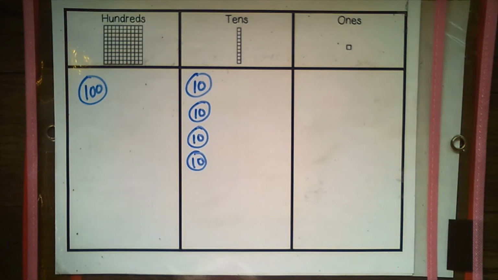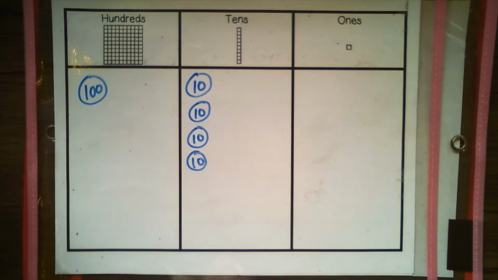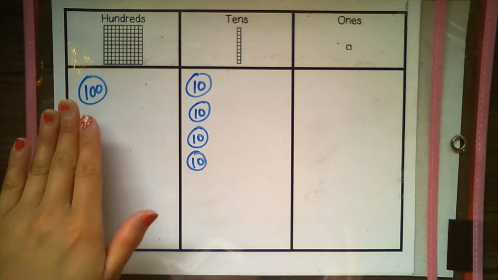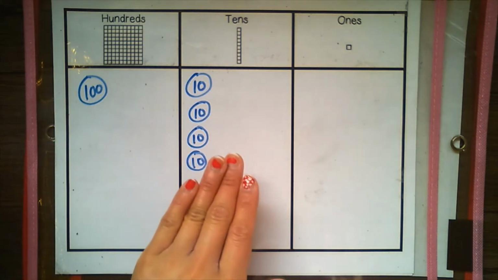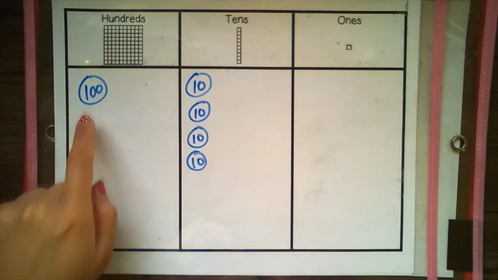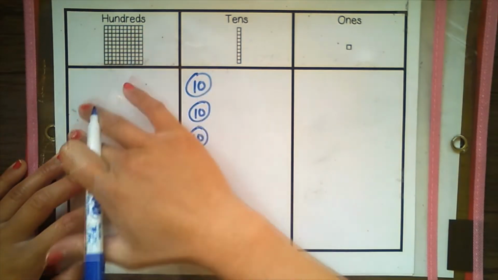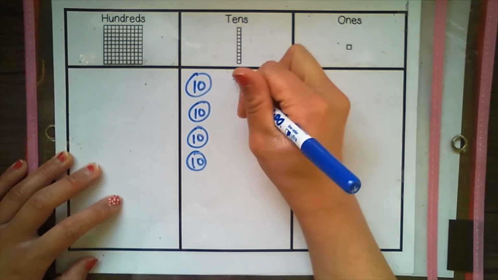Great. What place value discs did we use from the greatest to the least? Yes, from the greatest to least, we used 1 hundred and 4 tens. Now, I'm going to change this 100 for 10 tens because 10 tens is the same thing as 100.